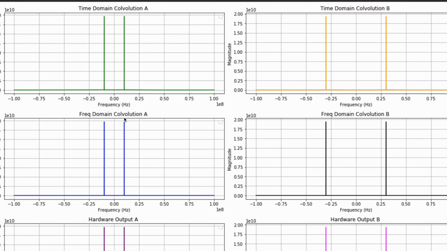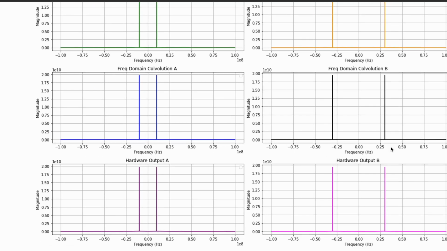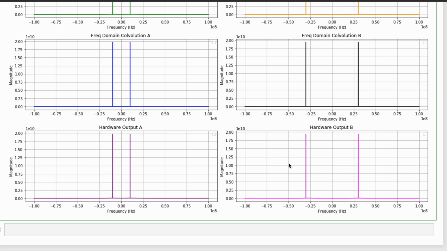Same goes for our frequency domain convolution for A and B, where my 10 and 30 megahertz have been preserved while the 90 in both cases has been attenuated. The same output is given by our hardware. Again, 10 and 30 megahertz have been preserved while 90 megahertz in both cases has been attenuated.